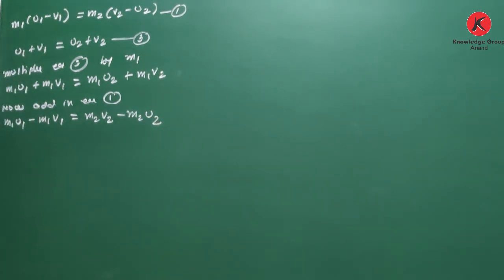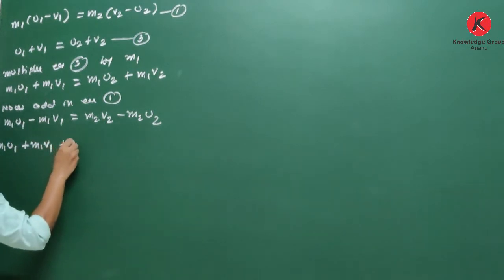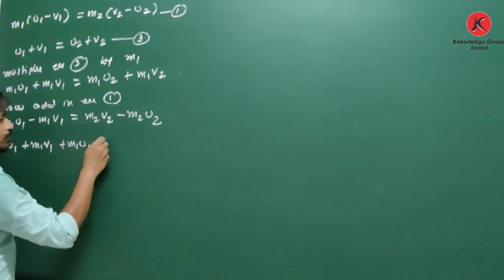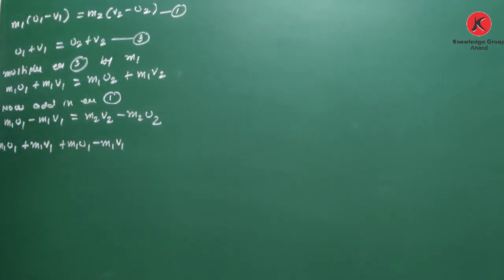So now you have to take the addition of these two equations. First of all, we will take the addition of the left hand side: m1 u1 plus m1 v1, plus m1 u1 minus m1 v1. Clear about this?